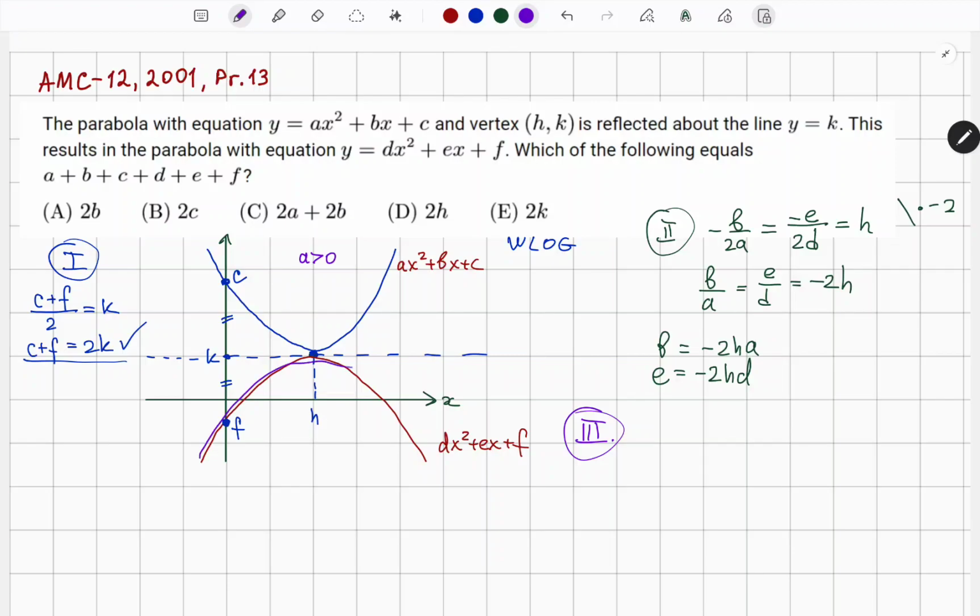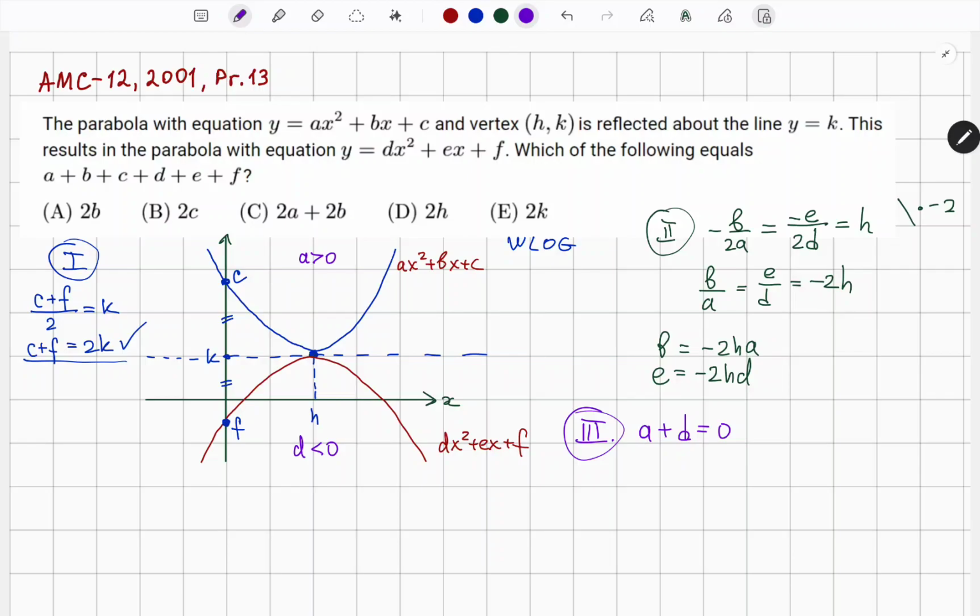But the red parabola, the reflected parabola, has its leading coefficient d less than 0 because it opens down. But due to the symmetry, their absolute values must be the same, right? So it means a plus d, the sum of the two values, is equal to 0.